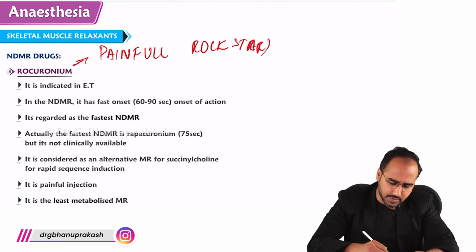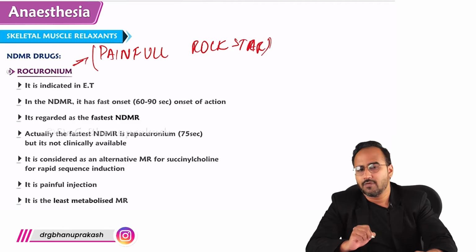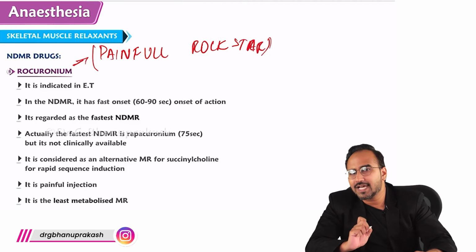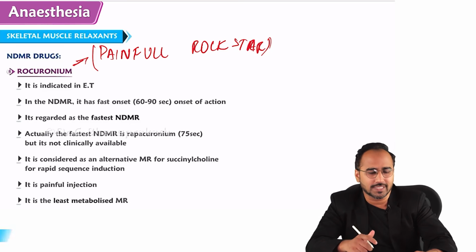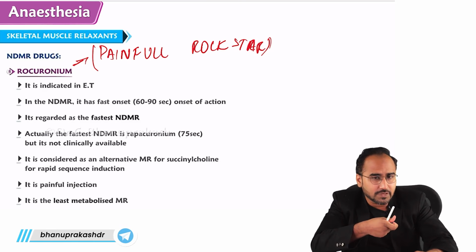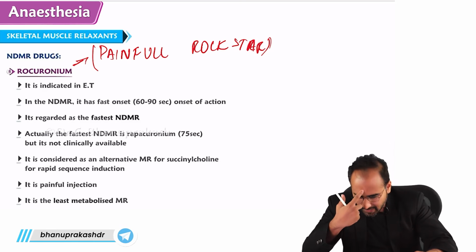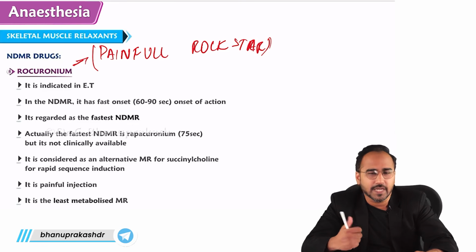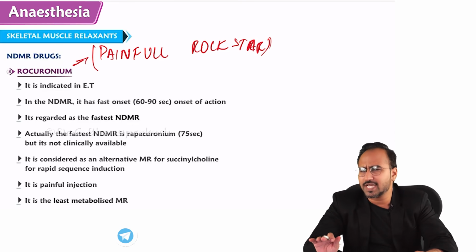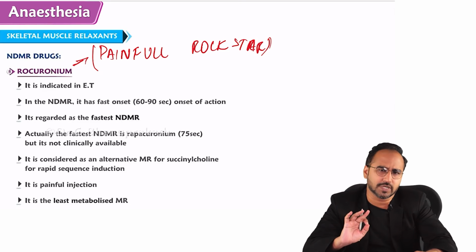Why did you call Rocuronium a painful rock star? Because in the muscle relaxant category, it is the only muscle relaxant that causes pain during injection. As you are giving the muscle relaxant, the patient complains of pain. No other muscle relaxant causes pain, only Rocuronium causes pain.